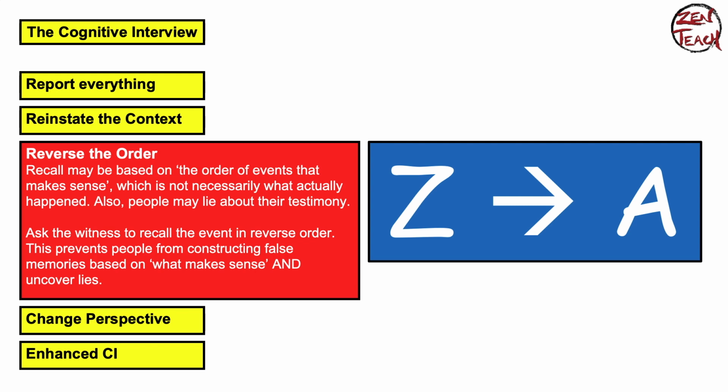So what they're doing is they're filling in the gaps with memories that might be false. And so in order to avoid that from happening, you break the logic chain by forcing them to recall the event backwards. That way, they have less of an opportunity to fill in the gaps with false memories.